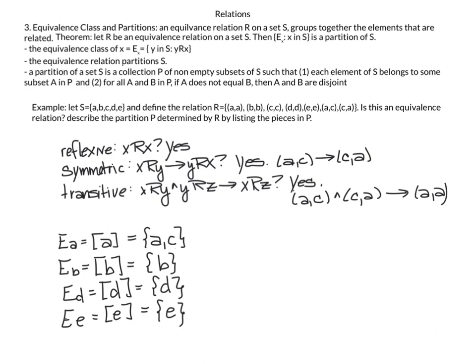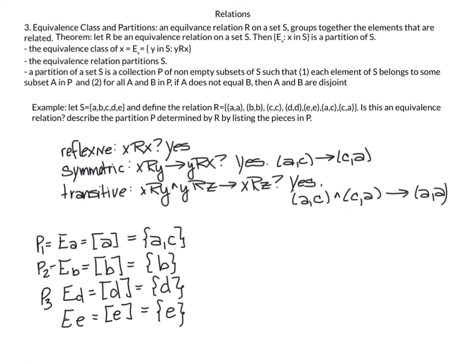So now to write out our partitions, I could call P1 equal to the equivalence class of A, which is everything that's equivalent to A. That includes A and C. The second partition, P2, is the equivalence class EB, everything related to B, which is B itself.